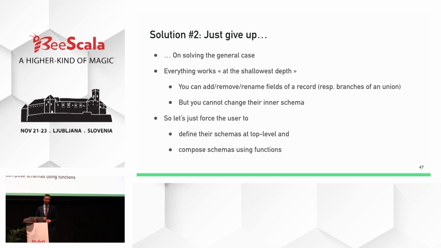So what we decided was to say to the users, okay, if you want to, you still can define big schemas where you define all your model in one single schema. But if you need to do migrations, you have to split it in smaller schemas and build the big one in terms of the smaller ones. And that works.